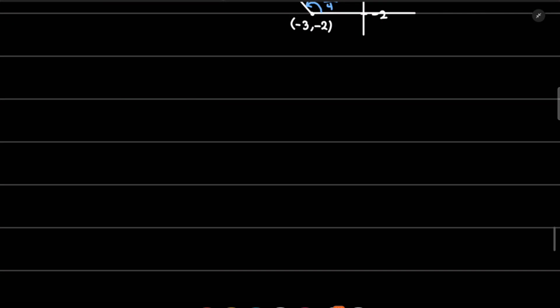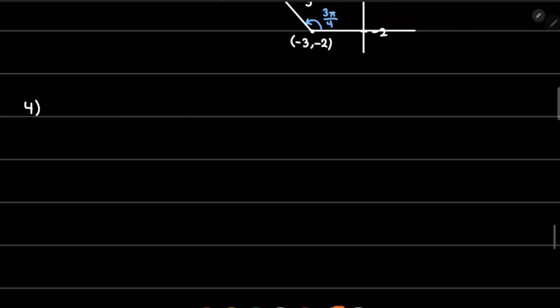Now the fourth case is another circle over here. We have another way to represent circles using complex numbers, and it's this form. It's very similar to the perpendicular bisector with a slight difference.